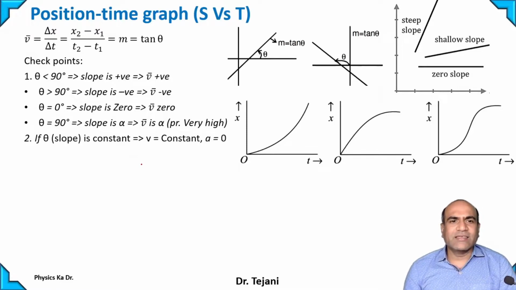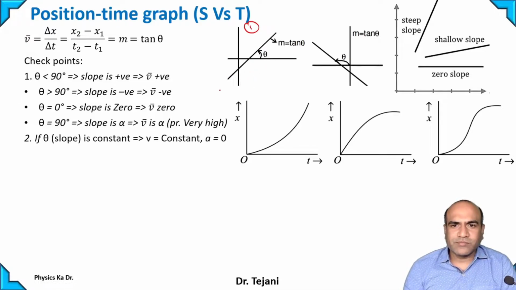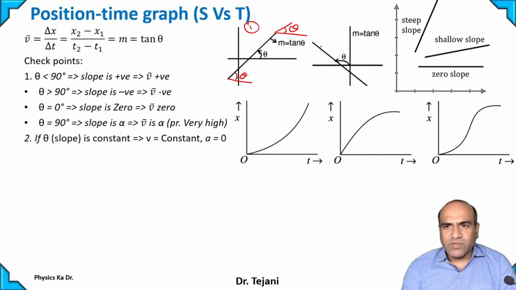Then second, if the slope is constant, velocity is constant. If you measure the slope of this line, theta, at any position, that becomes theta. For the second case also, if I measure at this or any position, this becomes theta.